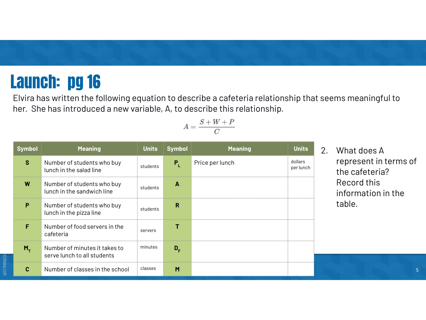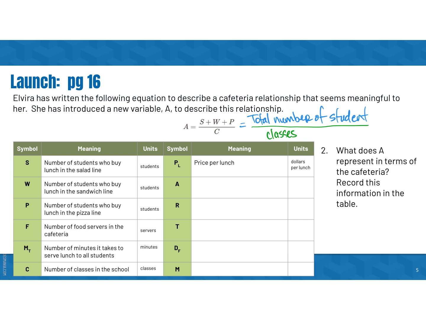Okay, so we have the total number of students on the top, and then we have this per line, right? It's the fraction line, and then C is classes, right?